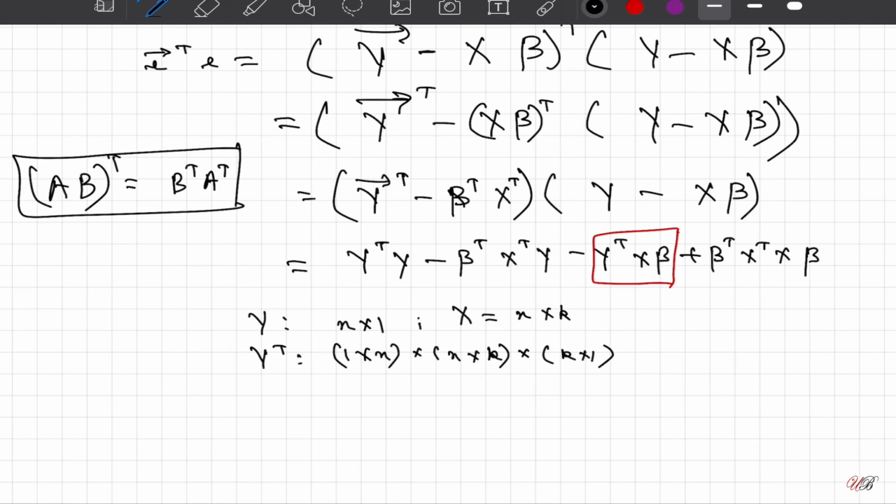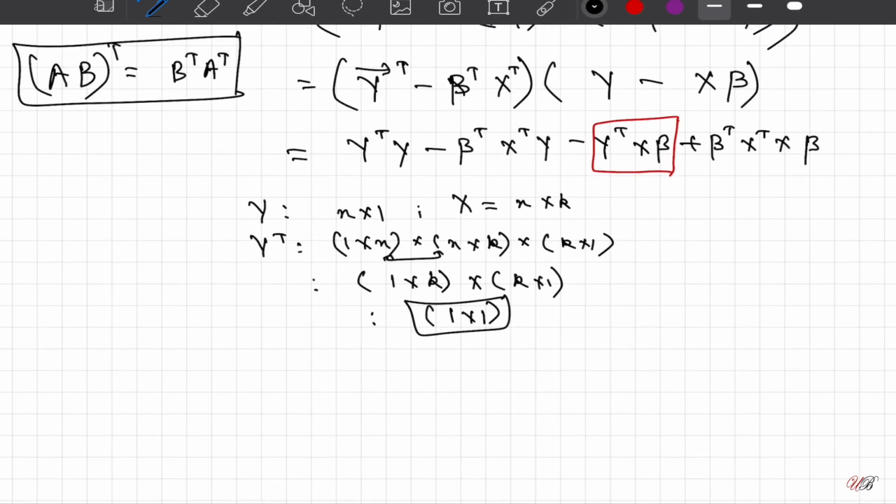By using the distributive and associative properties of matrix multiplication, it really doesn't matter which terms you multiply first. The order would be 1 cross k times k cross 1, which equals 1 cross 1. That means this term is just a scalar.